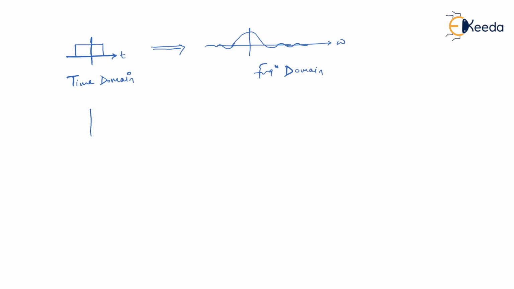Now the question is, what if you have a sampling function in time domain, and now you want to see what the frequency behavior is? Am I right? Whenever I have a sampling function, but this time it is a function of time, and I want to see what the frequency domain structure is, in that case you have to make use of the duality theorem. So I'm sure now you got what is the exact application of the duality theorem.